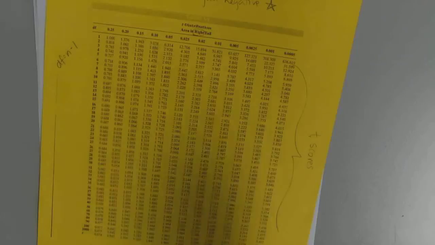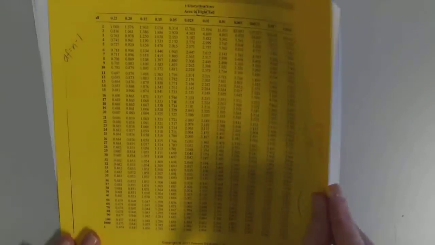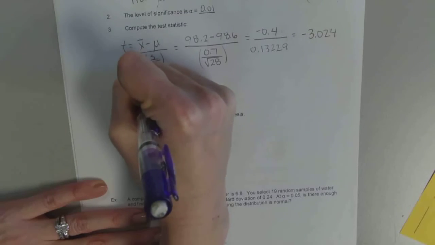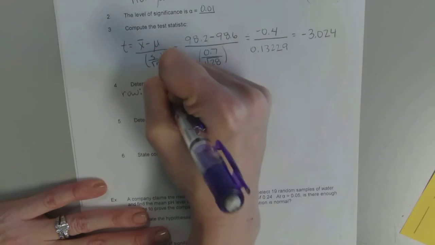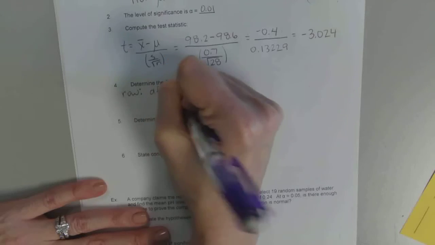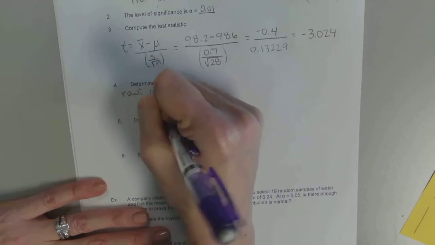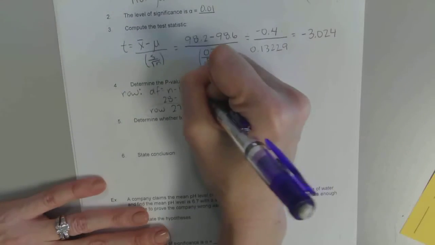So let me write that all down, because you're following along today, but then when you go look at your notes, you'll wonder where that came from. So determine the p-value. Our row, guys, is degrees of freedom, n minus 1, which is 28 minus 1. So we went to row 27, right?